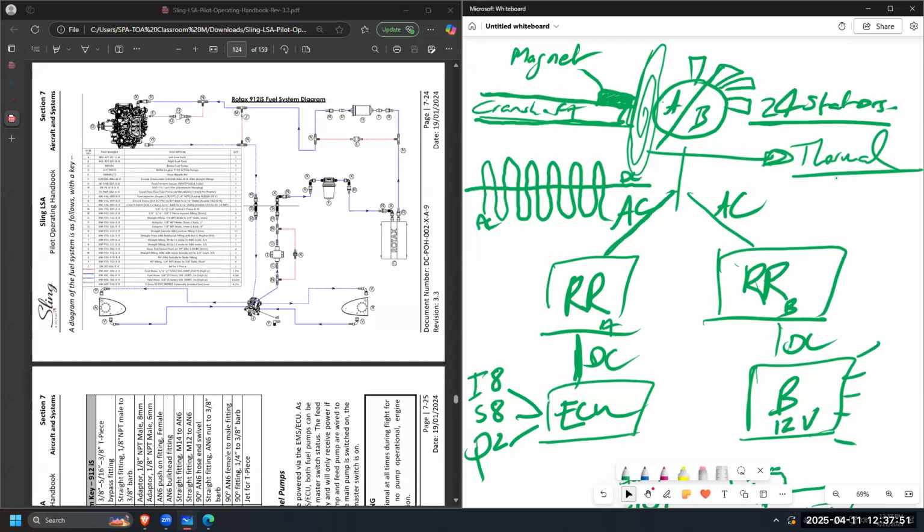What happens if generator A fails? You lose half of your power. Generator A fails, what happens? This is the fuse box. It knows to transfer from red part E to A. Yeah, it will always prioritize your engine.